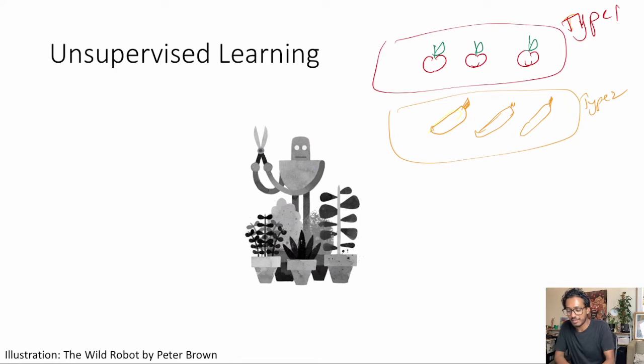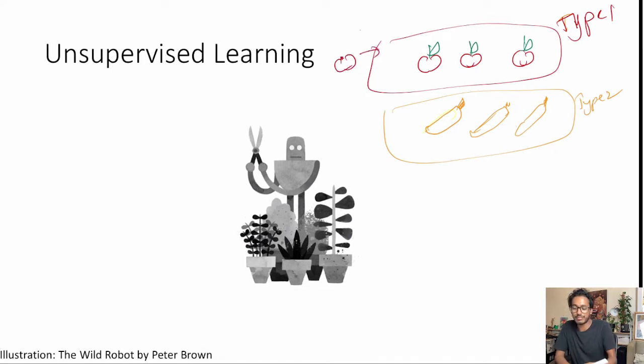And maybe we'll introduce a tomato, and it will think it's a type 1, which is an apple. Or maybe we'll introduce something that looks like a banana, maybe a cucumber, and it will think it's a banana.